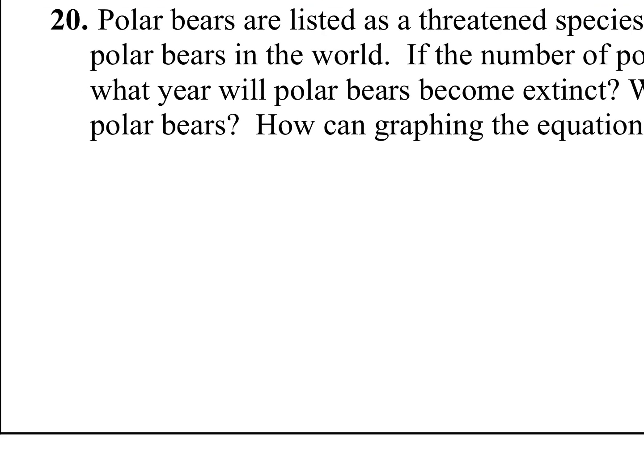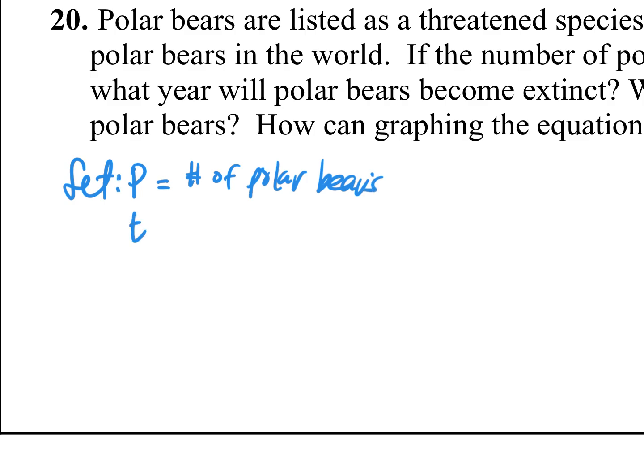Okay, so let's create our variables here. Let P be the number of polar bears, and then let T be the number of years since 2005. In 2005 the number of polar bears was approximately 25,000.